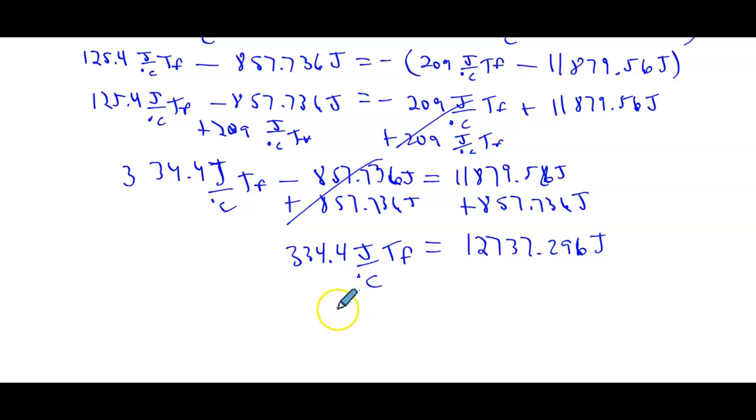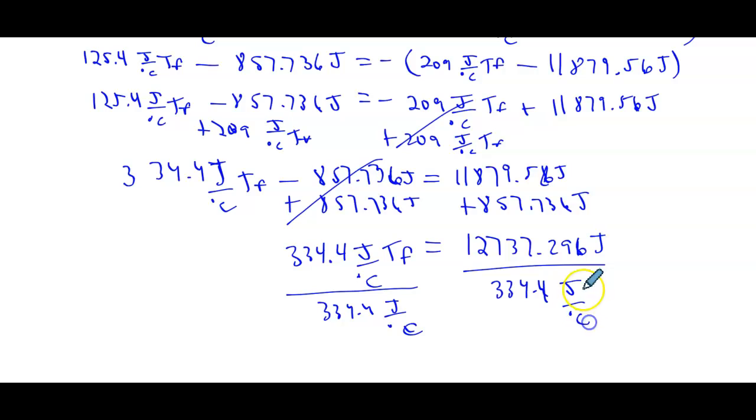And I have this, and now I can mathematically divide both sides by 334.4 joules per degree Celsius. And divide this side by 334.4 joules per degree Celsius, which will give me 38.09 degrees Celsius.